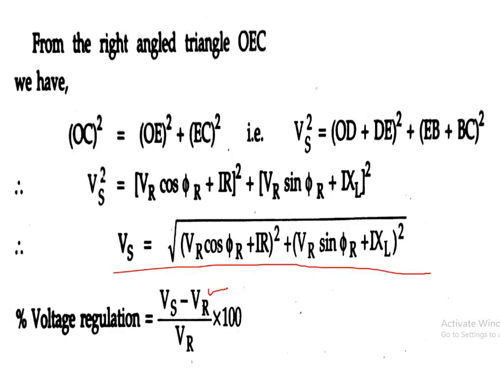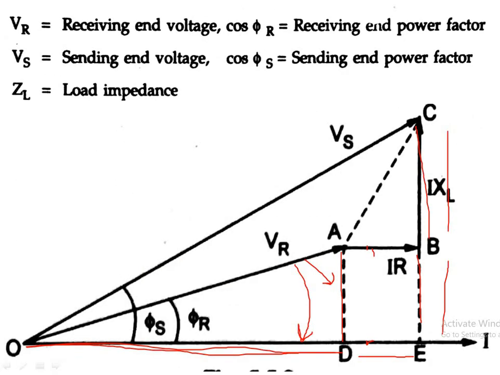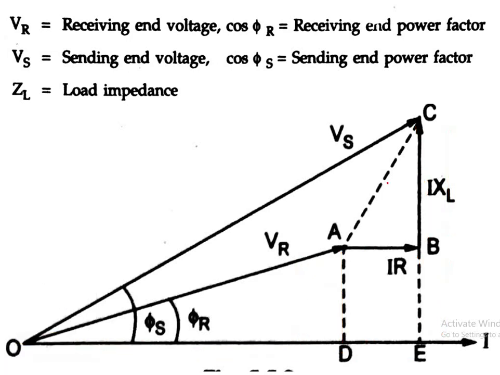Power factor at sending end voltage is nothing but cos phi s. Again, you can consider sending end voltage Vs, consider the triangle OCE, with angle phi s. For this right-angled triangle, cos phi is given by adjacent side divided by hypotenuse.